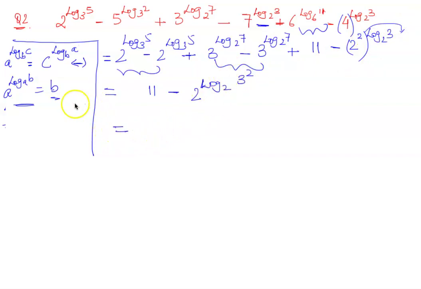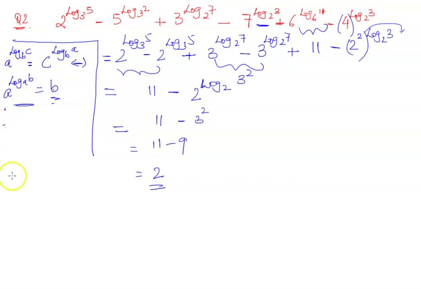Again apply this particular property. So this is 11 minus 3 square, which is 11 minus 9, which is equal to 2. Alright. So these two are very important properties that you should remember overall. And if you want to see the proof, that has been done in previous videos.